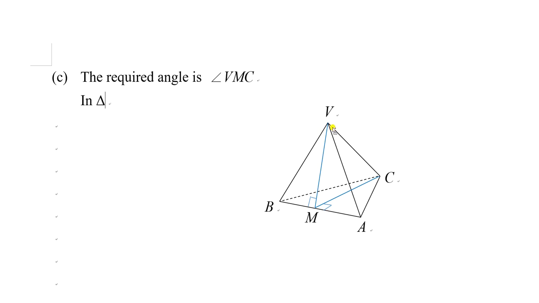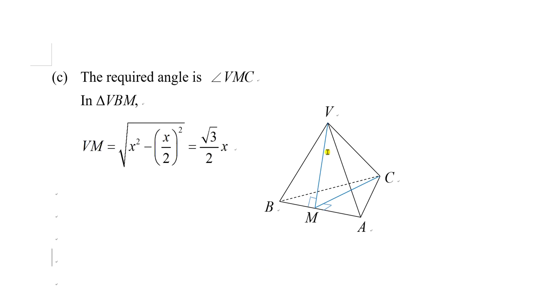In triangle VBM, VM is the square root of x squared minus x over 2 in brackets squared. That is square root 3 over 2 times x. And similarly, CM equals VM, because they are the height of an equilateral triangle.